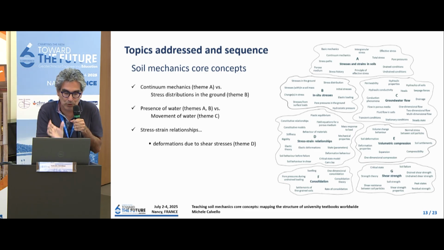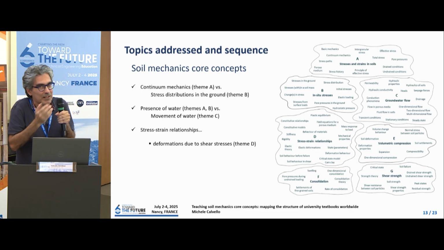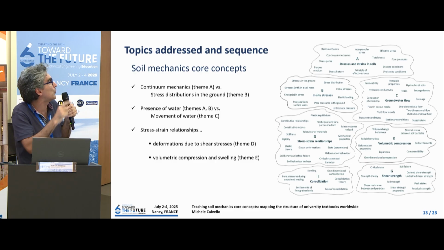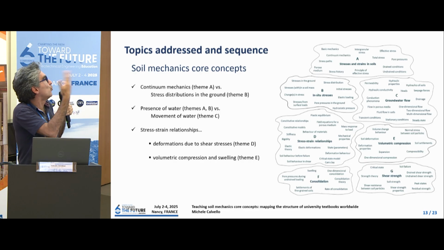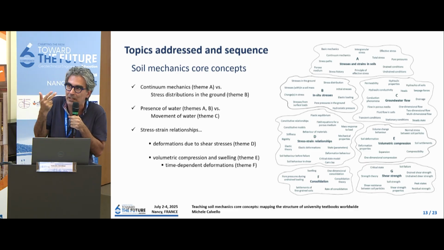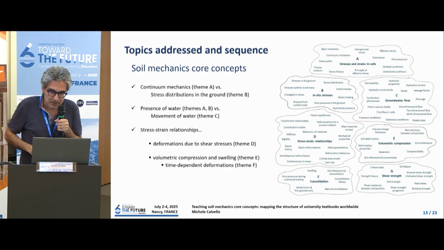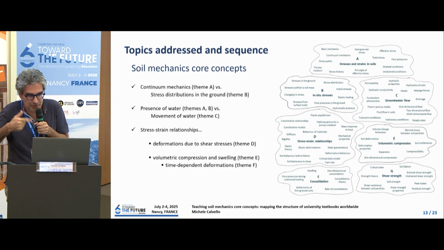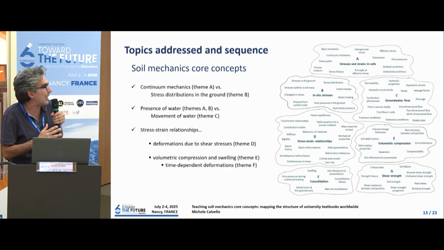But in my opinion, it's good to give the dignity of a theme specifically to deformation due to shear stress. It's different from deformations due to volumetric compression and swelling, and also from consolidation, which brings a very foundational concept of geotechnical engineering: the time-dependent deformations that occur because of the dissipation of excess pore pressures.